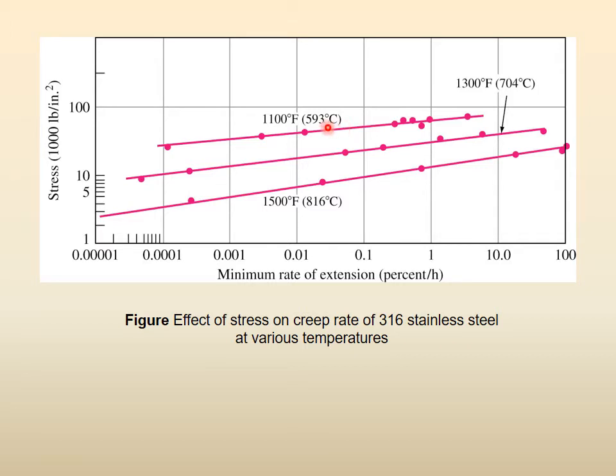So this is the lowest temperature, next highest temperature, next highest temperature. As we told you, if you are at a high temperature, the stress will be low, and if you are at a low temperature, stress will be high, and so on.